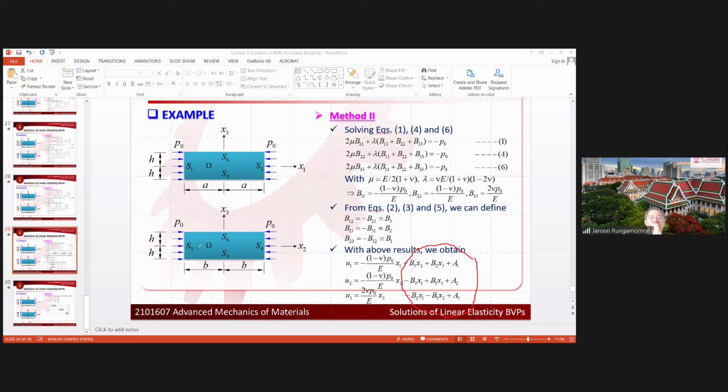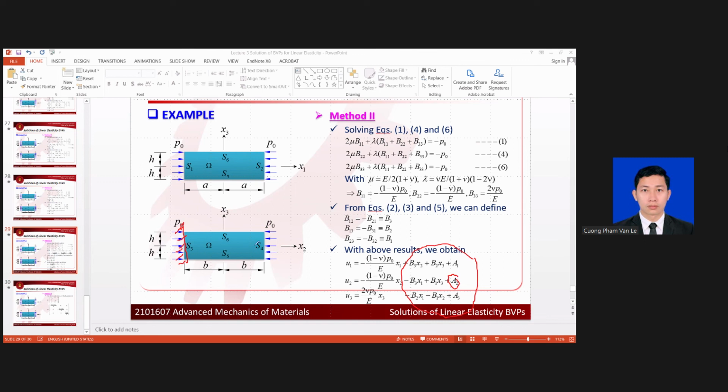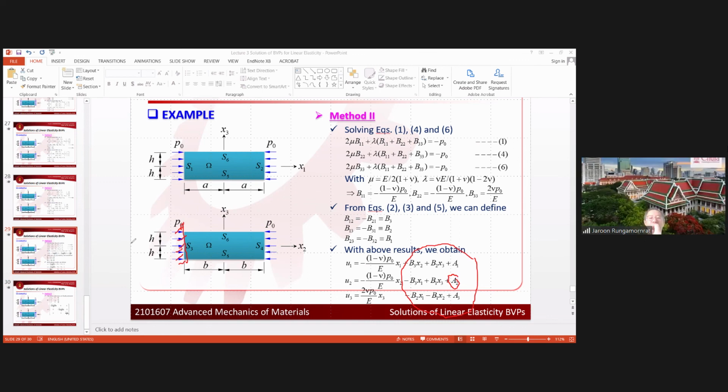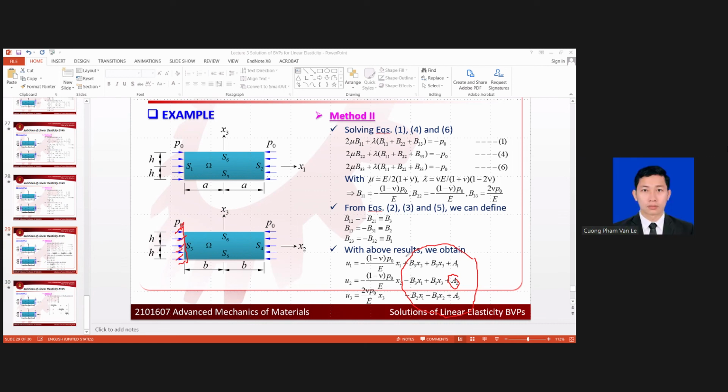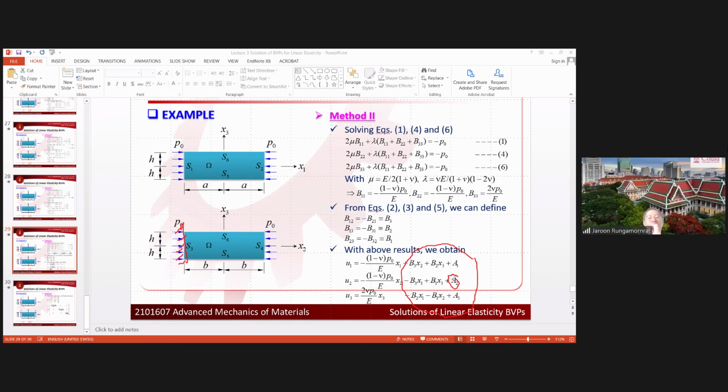For example, let's say you put the support here. Yeah. So now if you put the support there, you can see that A2 may be 0, right? Yeah. Because you cannot have the rigid translation in that direction. Is that clear? Yes. Or if it's not 0, it has to be a constant that you can obtain by setting the condition on that side.